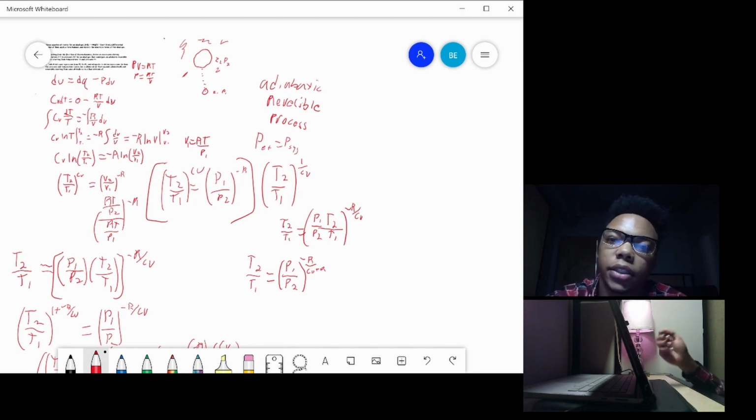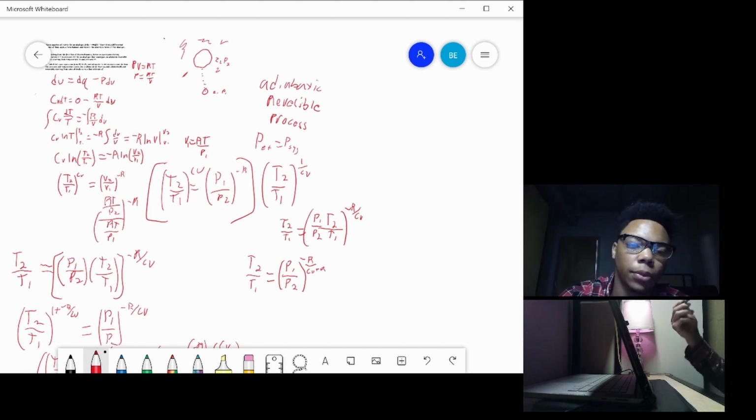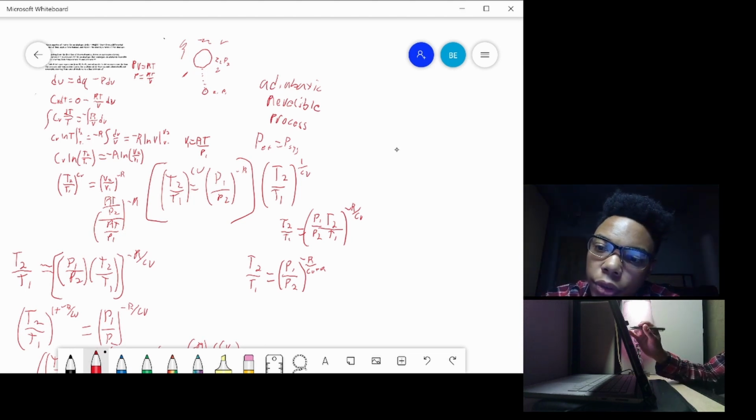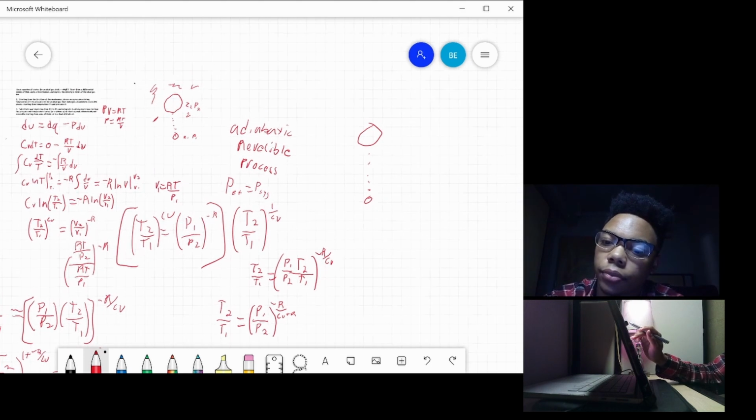What I love about this is that if we start at pressure 1 and go to pressure 2, we'll have a variable to understand our temperature 2 and temperature 1. What we can also do is have this little air bubble. Let's say it's still reversible, but let's say there's that point, and there's even this point.